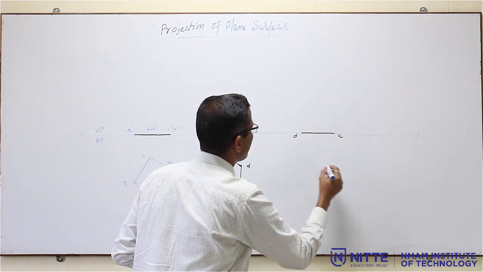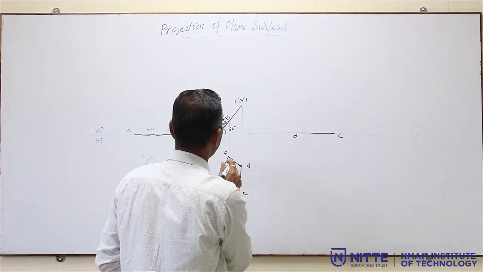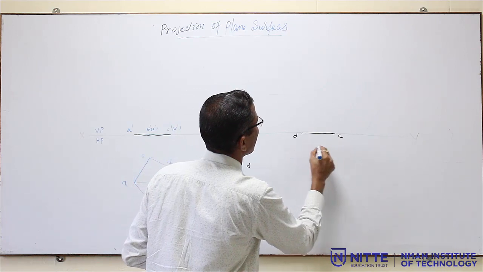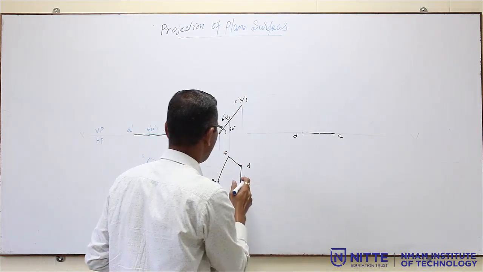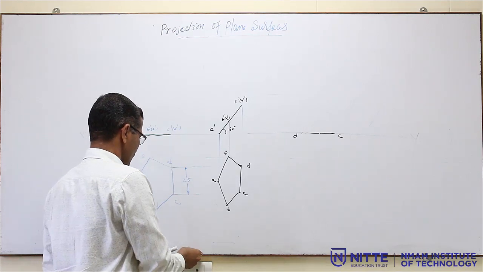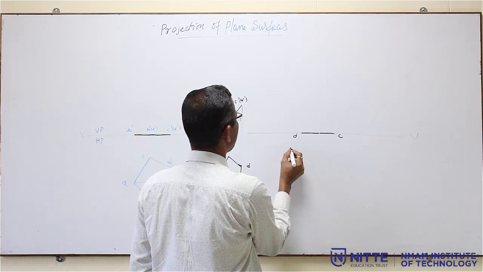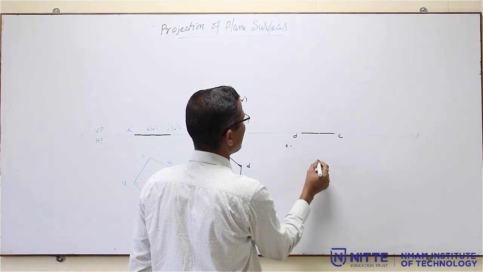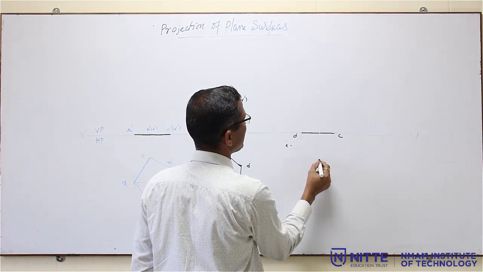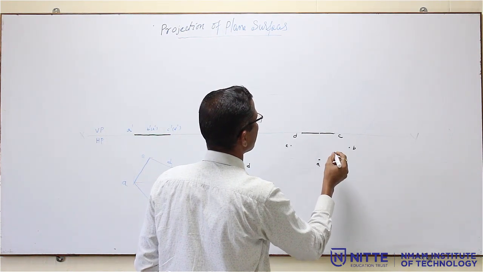There will be a box and measure this distance, and one more line is there like this. All the lines what is there, you copy it. Then you can mark the points very easily. This is E, this becomes A, this becomes B.